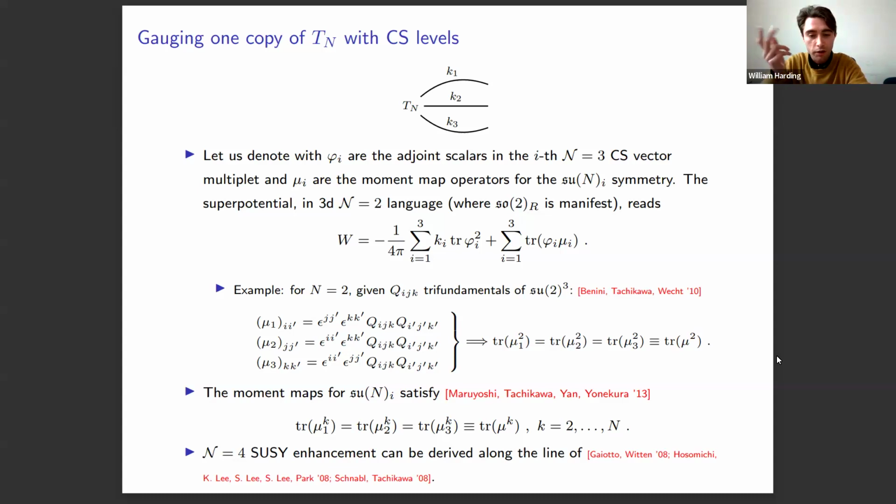And since these 3 objects are equal, we will denote them simply as trace of mu to the k. And starting from this condition, n=4 SUSY enhancement can be derived along the line of the following papers, which I wrote down. Okay, so let us see this explicitly.